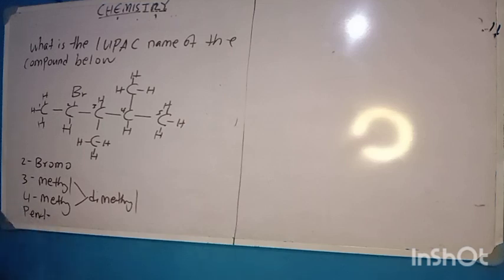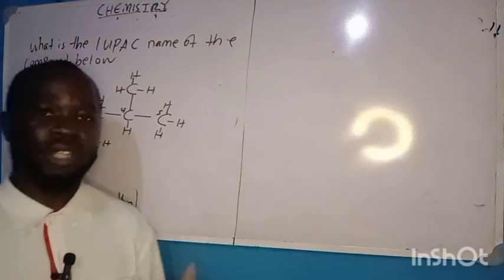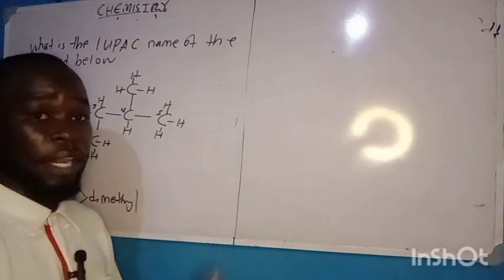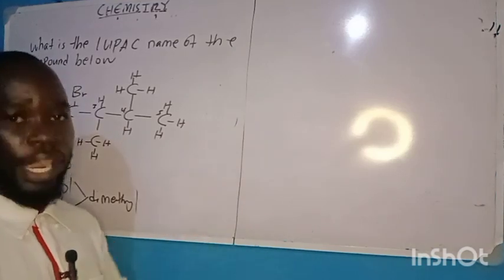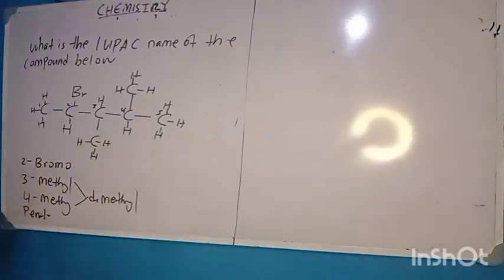Then to put this name together, you begin with the bromine. That is, if a compound is undergoing either a substitution reaction or an addition reaction, when naming the compound, you have to start with the element that is reacting with the compound. And here it is bromine.